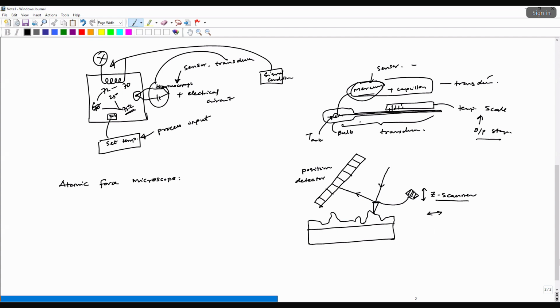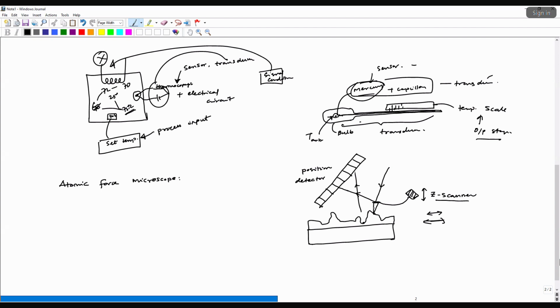Let's say if the tip goes here, then it may fall on some other detector, somewhere here. So the purpose of the J scanner is to ensure that the tip remains in contact with the surface. Then you move it from left to right or right to left, so this tip walks over this trajectory.